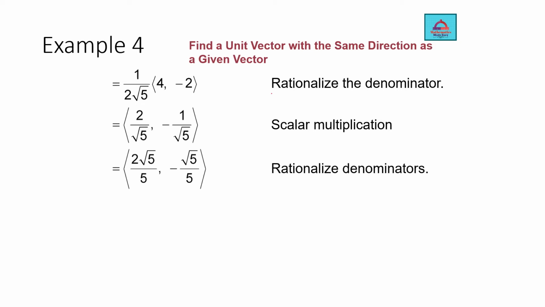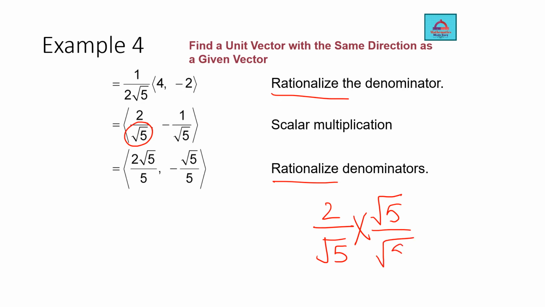Now how did we rationalize? If you have forgotten, let me remind. Whenever you have a radical sign in the denominator, you rationalize the denominator, you get rid of that radical sign by multiplying the same in the numerator and denominator. So 2 over radical 5 will be multiplied with radical 5 over radical 5. Why do we do that?